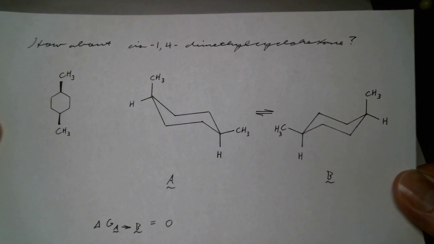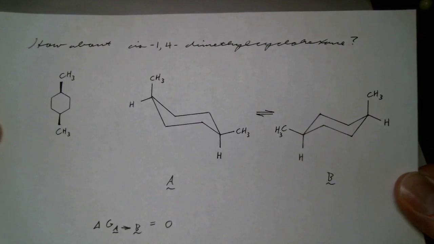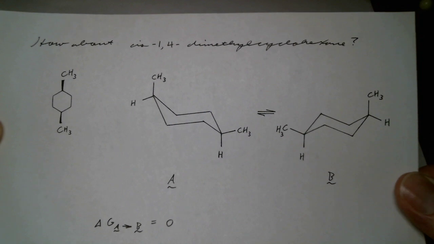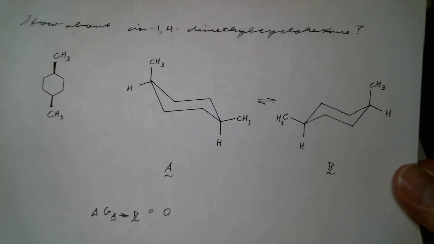Well, if we flip our conformation A to conformation B, all of our groups simply change places, and we still have one methyl group in an axial position and one methyl group in an equatorial position. So the net change from going from conformation A to conformation B would be 0 kcals per mole.